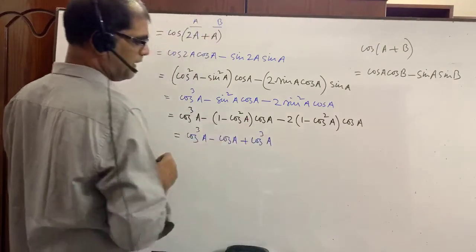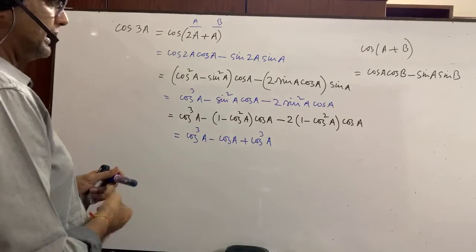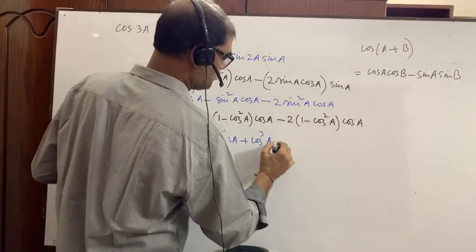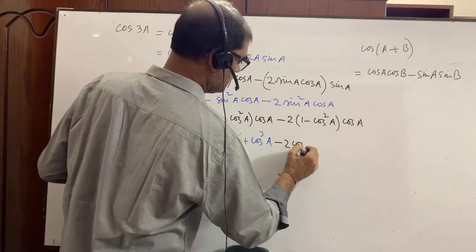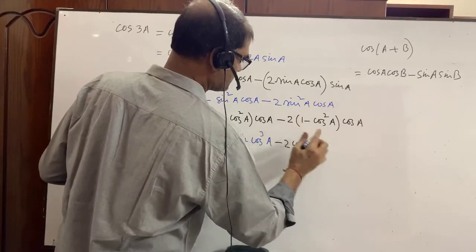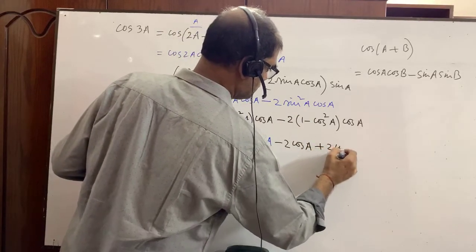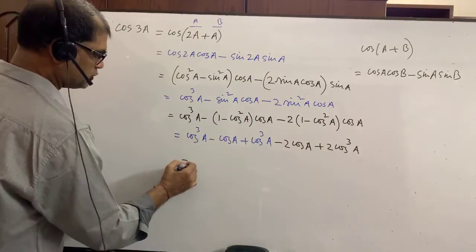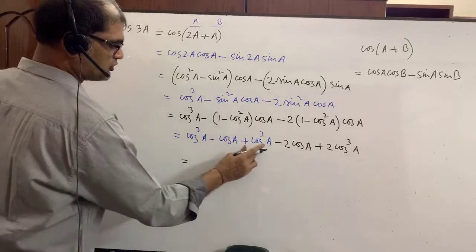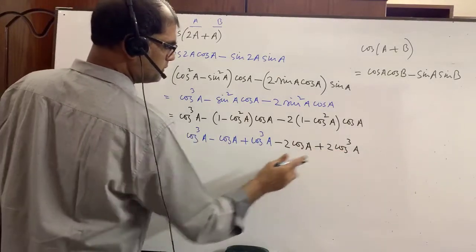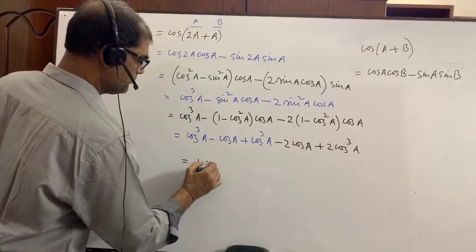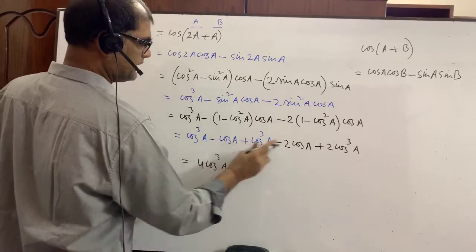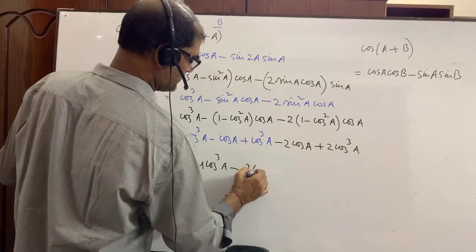And here you multiply again: minus 2 cos a, minus minus plus 2 cos cube a. Then what we are getting is cos cube a plus 2 cos cube a, 4 cos cube a, minus cos a minus 2 cos a, that is 3 cos a.